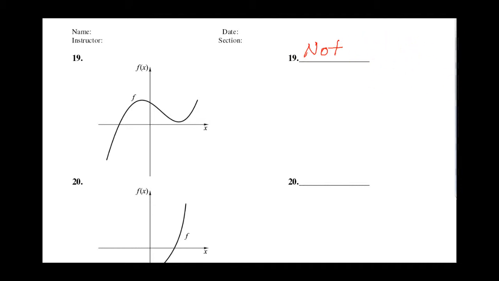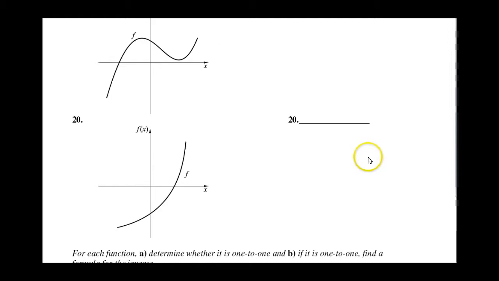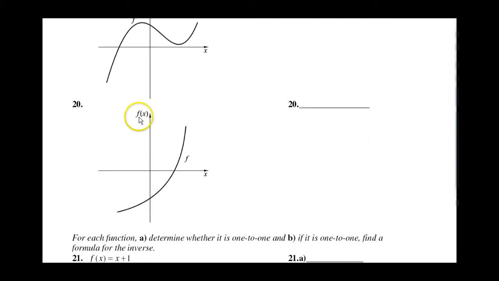As we look at this next one, we have this curve. Is it a function? Does it pass the vertical line test? Yes. Does it pass the horizontal line test? Yes. So, yes. This is a one-to-one relationship.